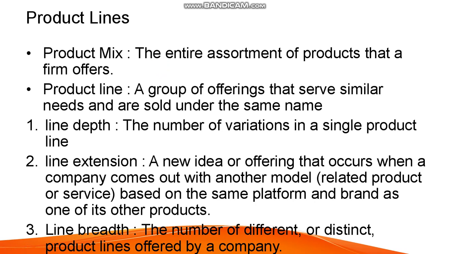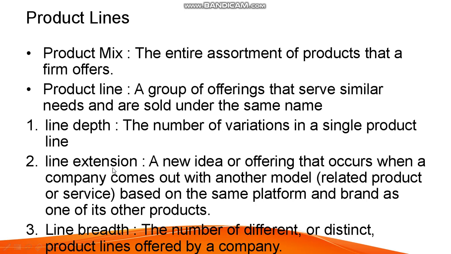This is the product lines. There are 3 points. Number 1 is product mix. It means the entire assortment of products that a firm offers. A product line is a group of offerings that serve similar needs and are sold under the same name. Line depth is the number of variations in a single product line.